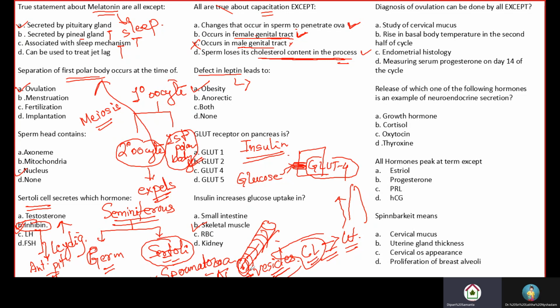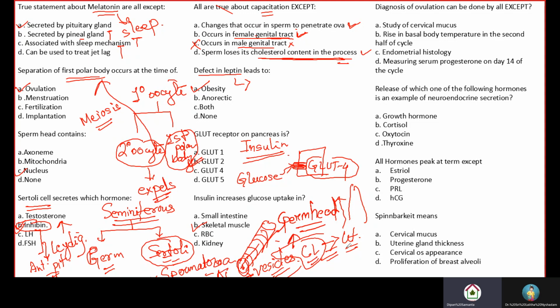and the main function of this vesicular cholesterol is that it protects the sperm head from breaking down until the spermatozoa are ejaculated into the vagina.